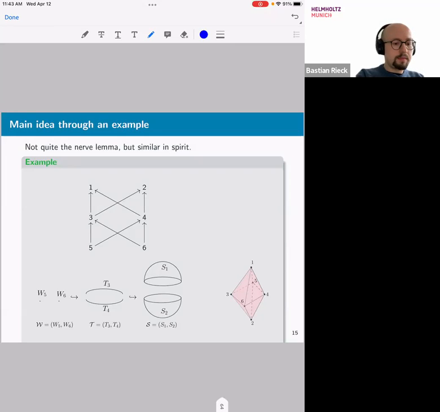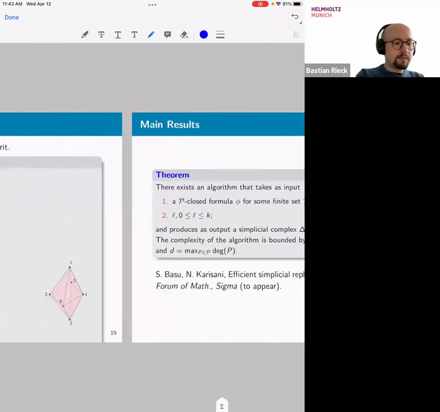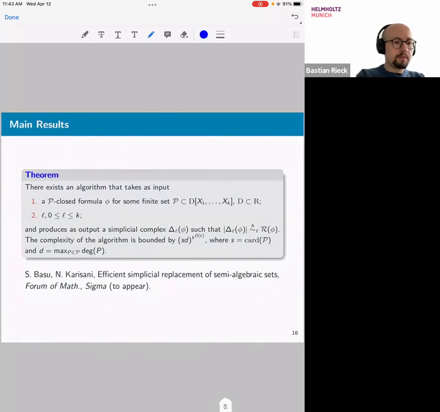And we only need to assume that the covers consist of sets which are L connected, not necessarily contractible as in this picture. So the paper is on the arXiv and you can look at it.